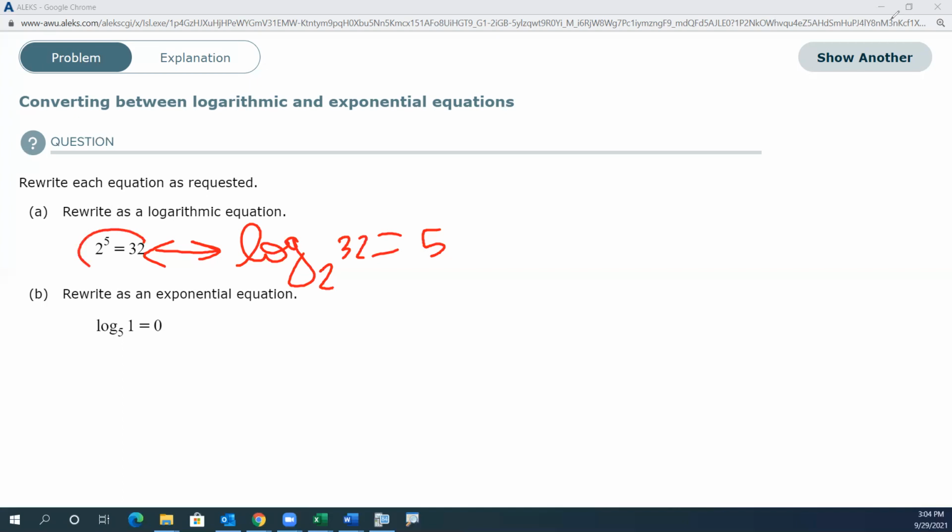But if one of these three items was a variable, that might help us to isolate the variable where we might not be able to otherwise. But yeah, log base 2 of 32 equals 5. So you'll notice that the base of the exponent, the 2, becomes the base of the log. And then these two guys here switch places, the 5 and the 32.